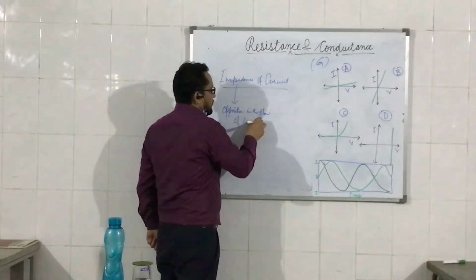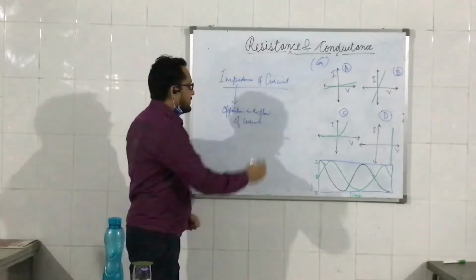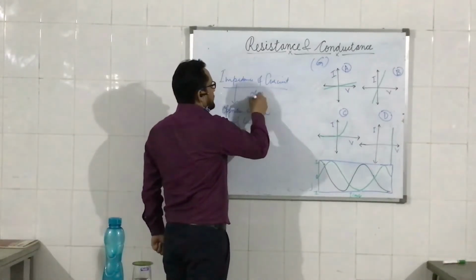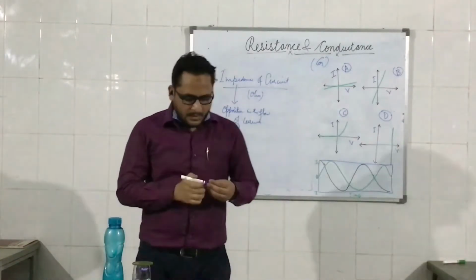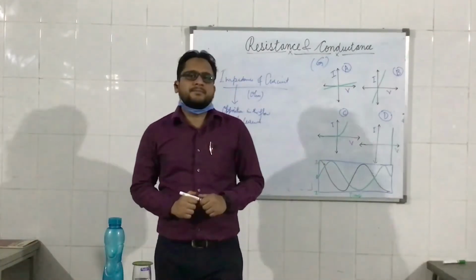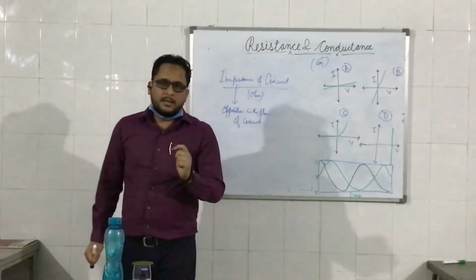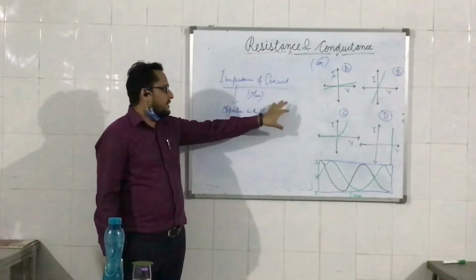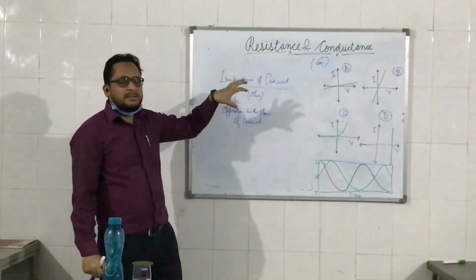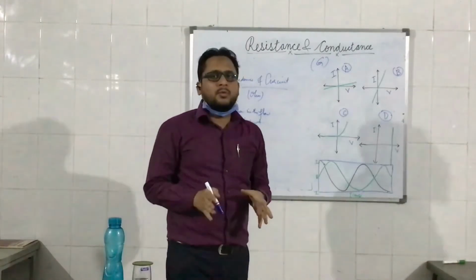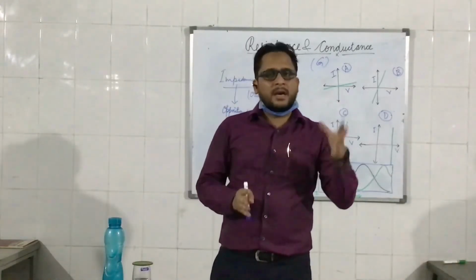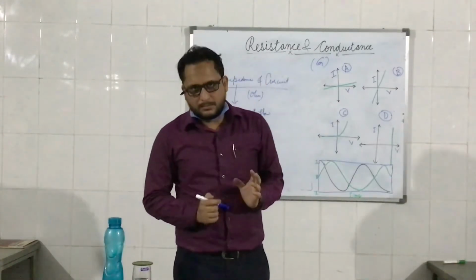So it is also like resistance, and its unit is ohm, same as resistance. The only difference is that while resistance has magnitude only, the impedance has magnitude as well as direction both.